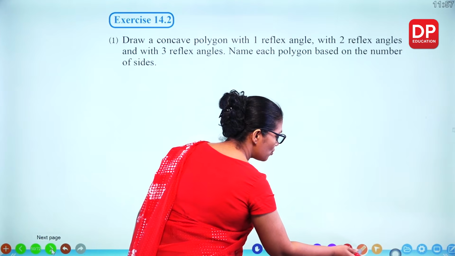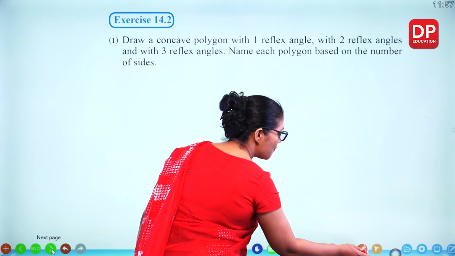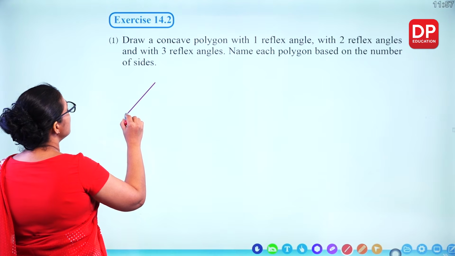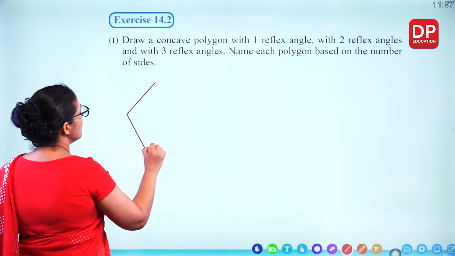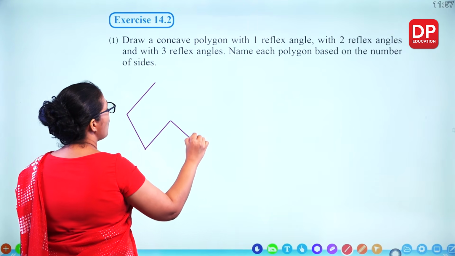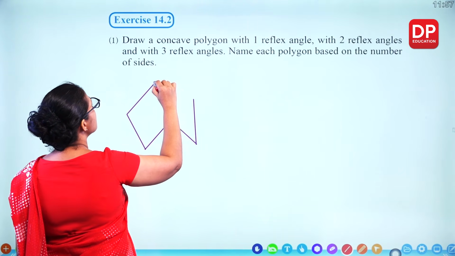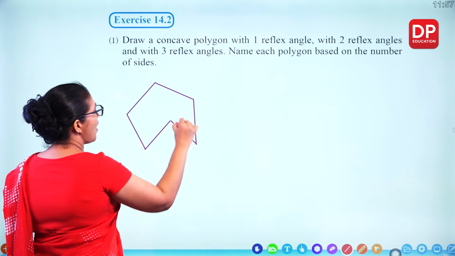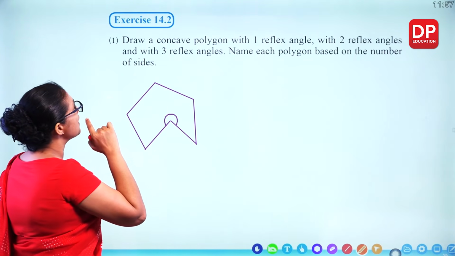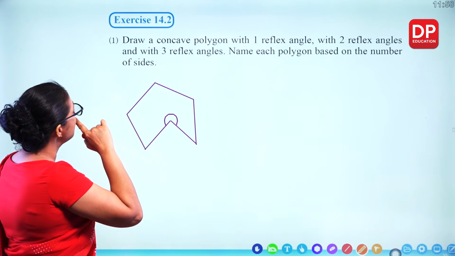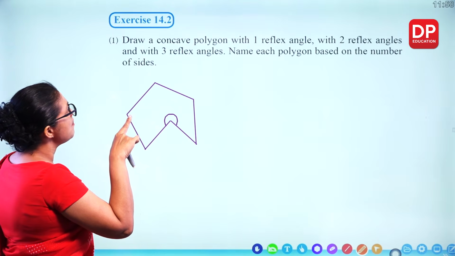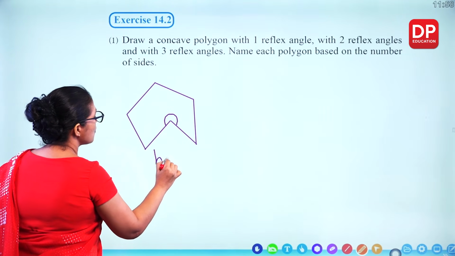We'll try to draw with 1 reflex angle. 1, 2, 3, 4, 5, 6. So this is reflex angle and 6 sides are there. Name each polygon. So hexagon.